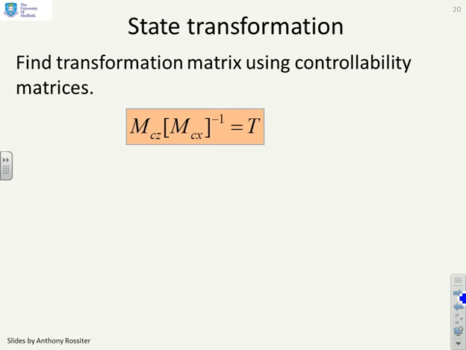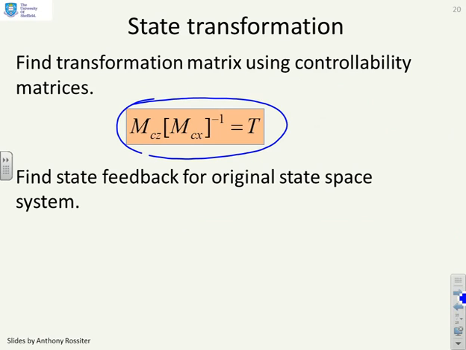Having got that, we need to find the transformation matrix, and you remember the formula we want to use is this one here. Well, that's not a paper and pen exercise, because if I write it here, MCZ is going to be B hat, A hat B hat, A hat squared B hat, A hat cubed B hat.